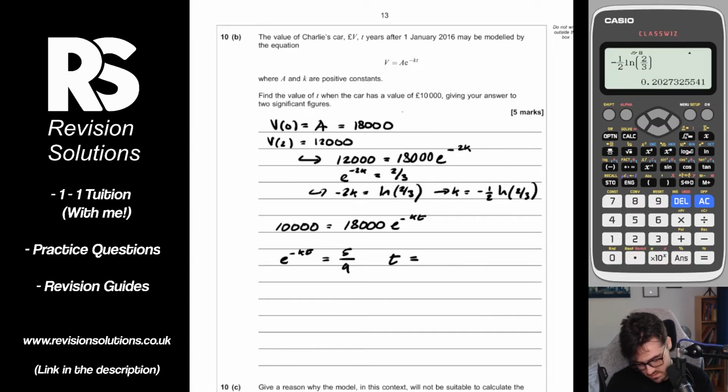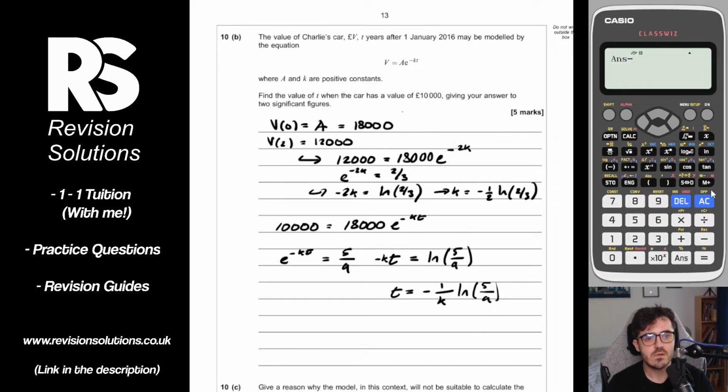Then, let's do it in steps actually, so minus kt would be the natural log of 5 over 9. And then we'd have t, the answer we're interested in, is minus 1 over k times the natural log of 5 over 9. So we have k stored here, so let's just use the answer button.